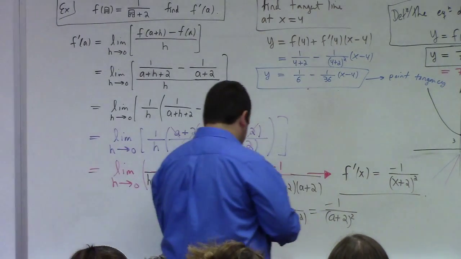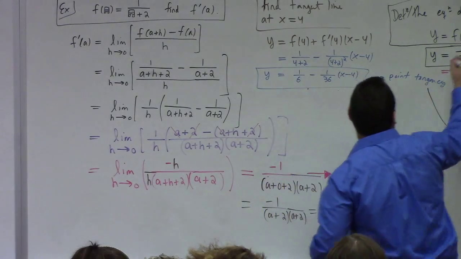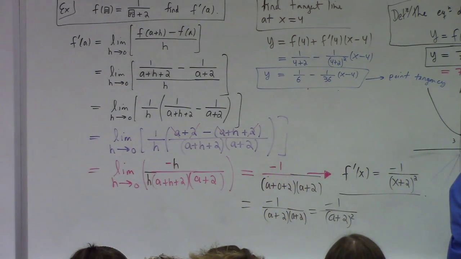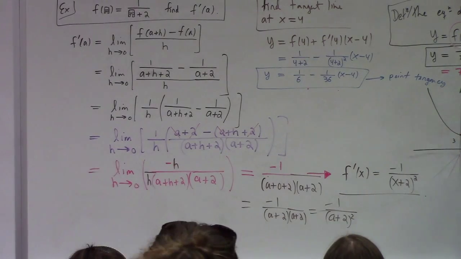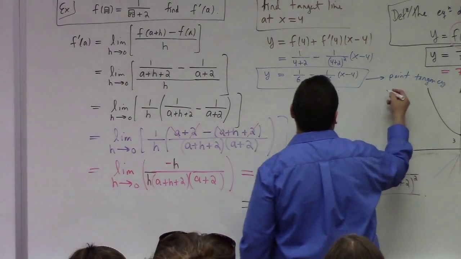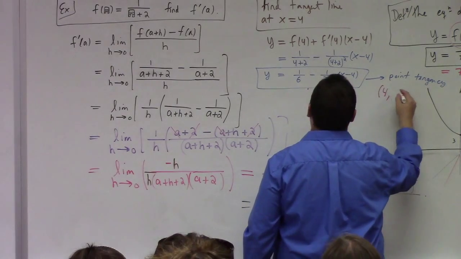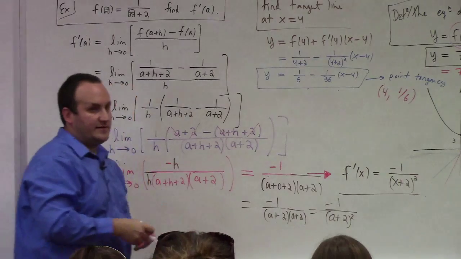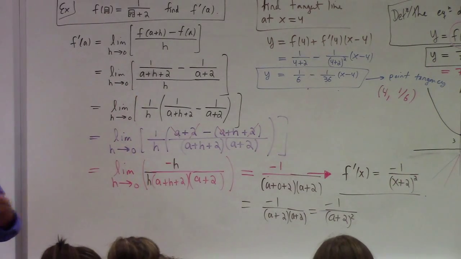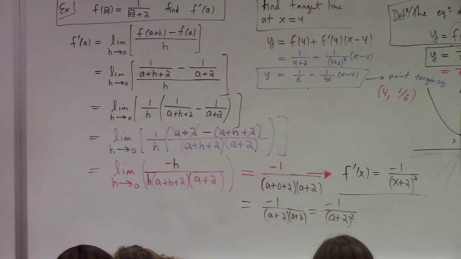It's just matching. The point of tangency is a comma f of a, right? This is the f of a. This is the a. So when I look at this, I can tell you the point of tangency is 4 comma 1/6, and that tangent line equation goes paired with that point.